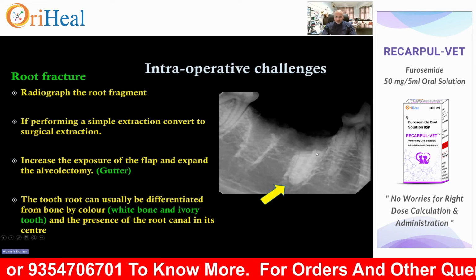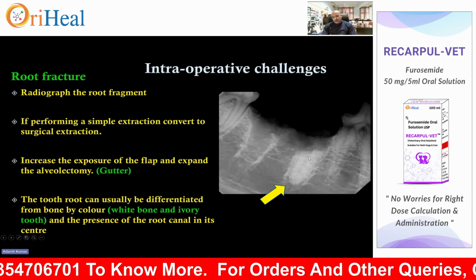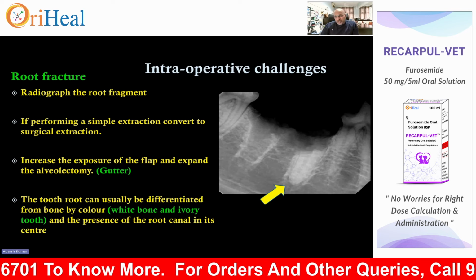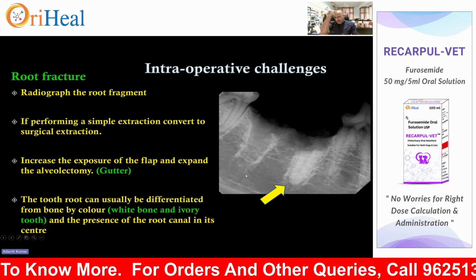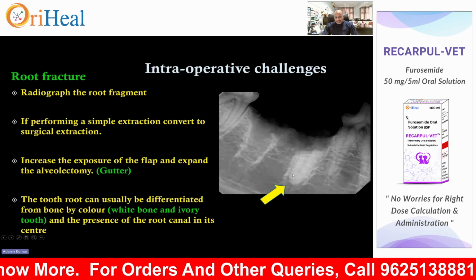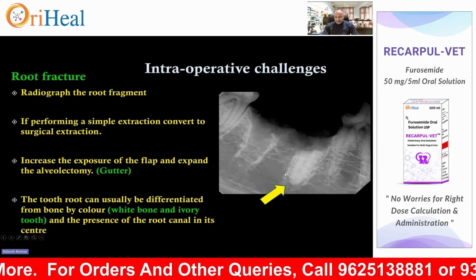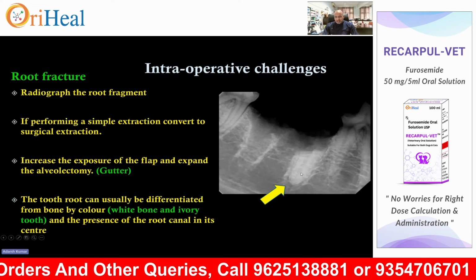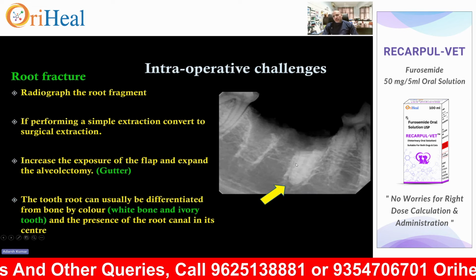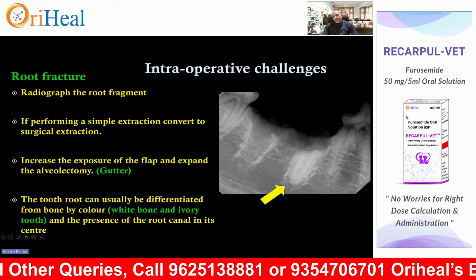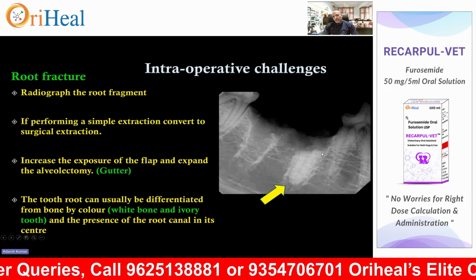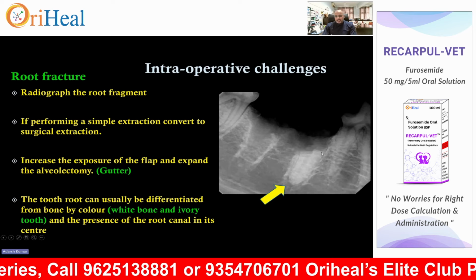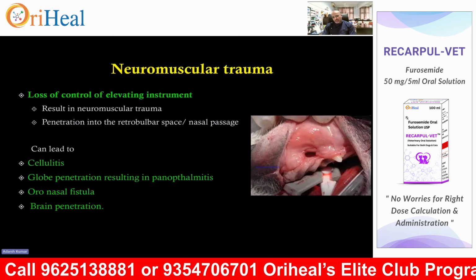Now the difference would be known to you once you try to dissect it out. If it is a white bone color, then it is the periosteum. If it is ivory color, it is the tooth. So you have to see the margination of the tooth along with the alveola, and then again with the help of the luxators and the elevators, take it out.